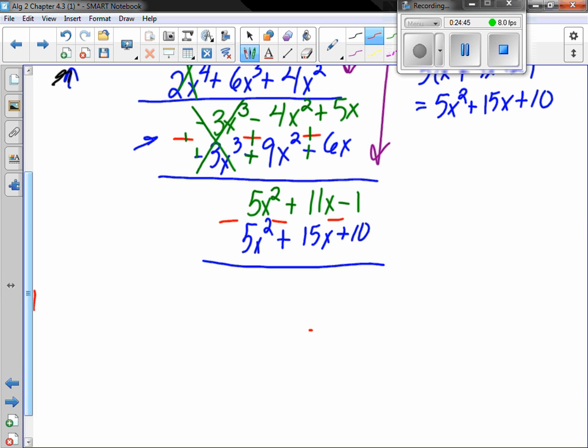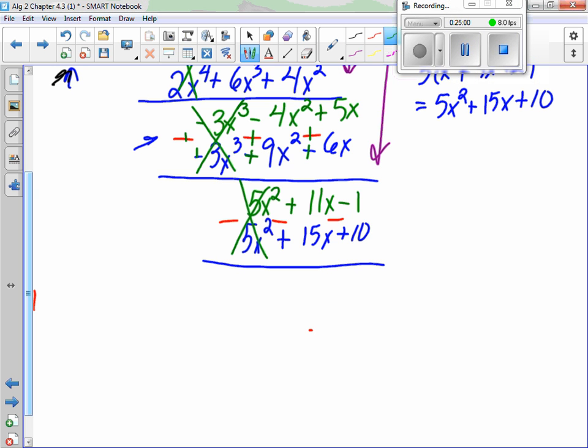So when we subtract these here, well, 5x squared minus 5x squared will cancel. 11x minus 15x is going to be negative 4x. Negative 1 minus 10 would be negative 11.